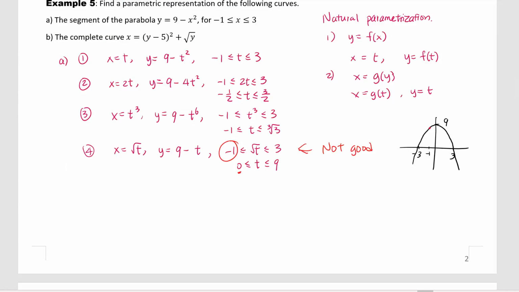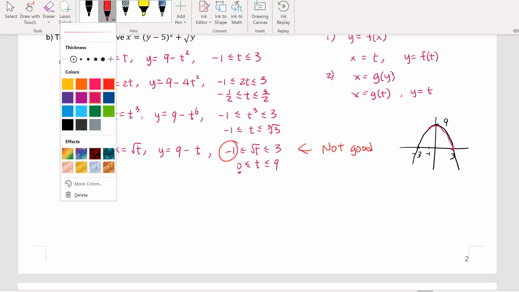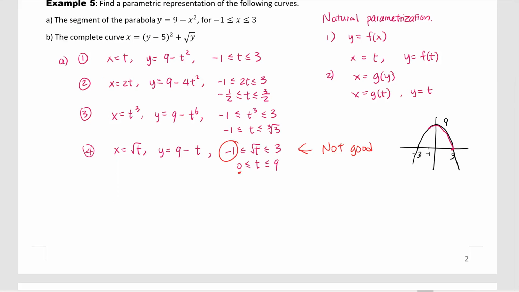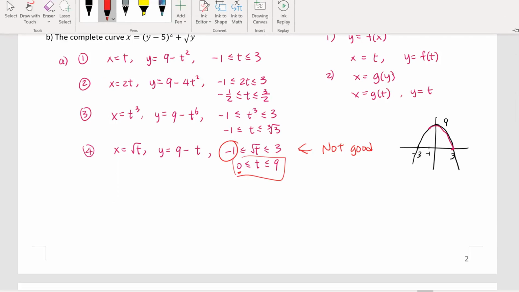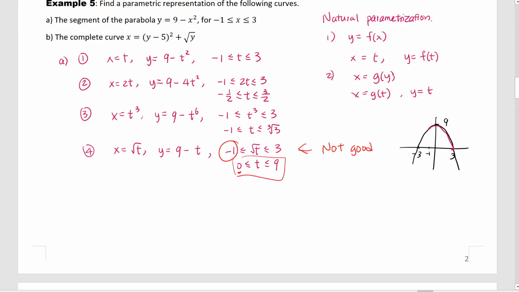But with number 4, if you choose this as the parametrization, you can only include the pieces from here. This one is not good because it only covers the pieces from here to here. It cannot cover the pieces from minus 1 to 0. So this is not a good parametrization. We have to be careful with that.